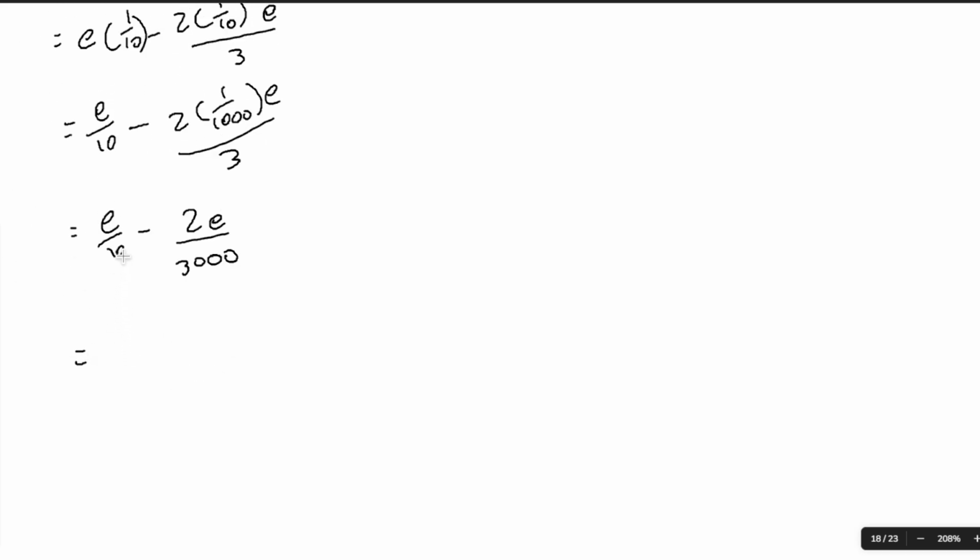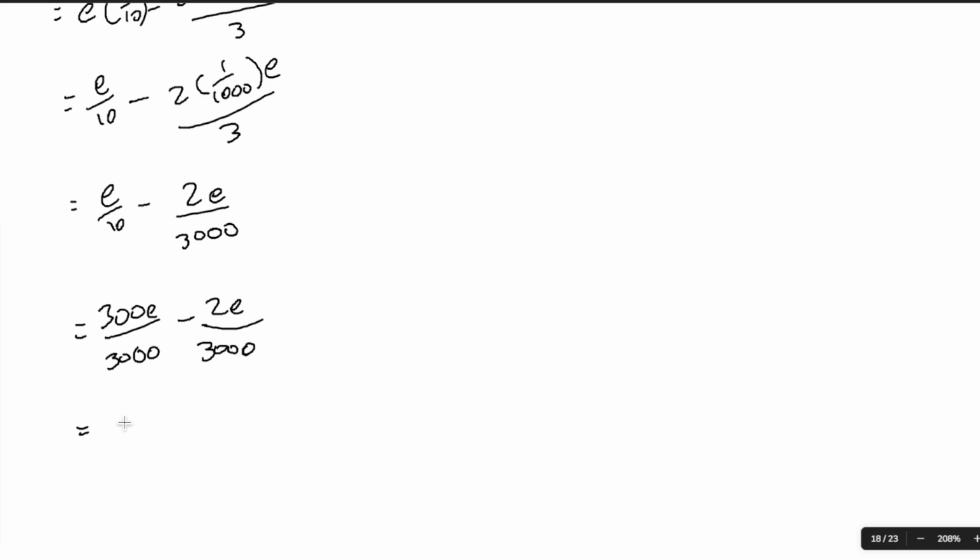Okay, next we just have to make the denominators the same. So we could do that by just multiplying this with 300, multiplying the numerator and denominator with 300. So we get 300e over 3000 minus 2e over 3000.